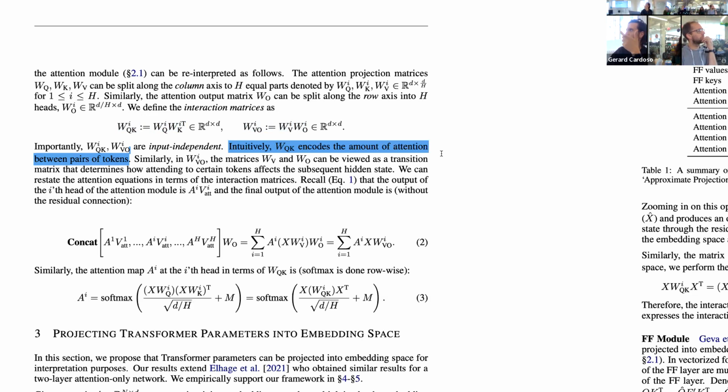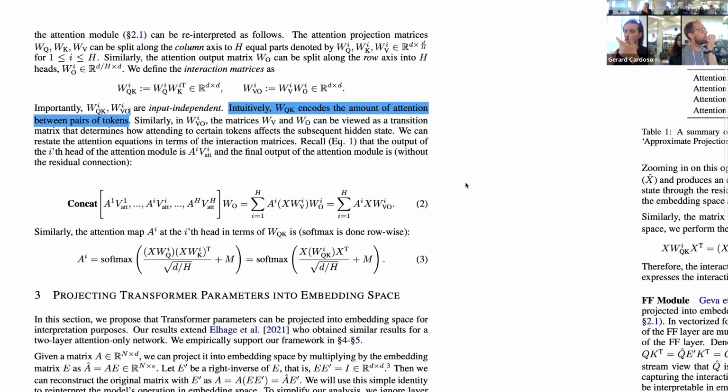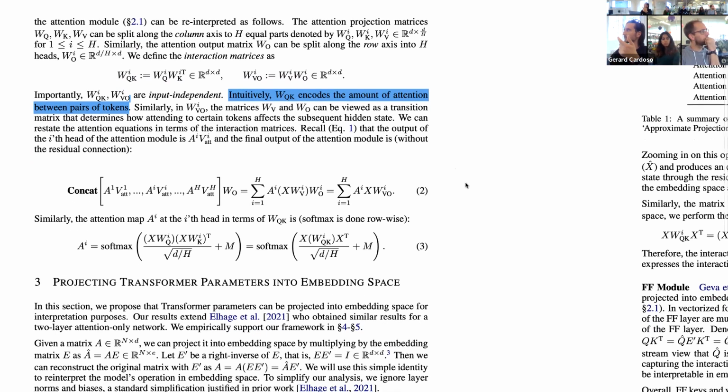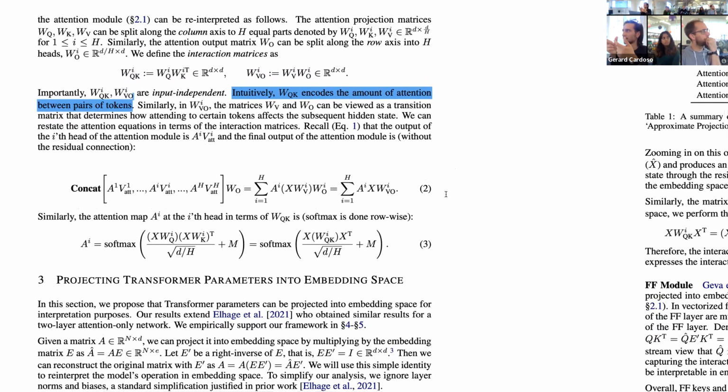What they say is that this encodes the amount of attention you apply between tokens. So you can look at everything in terms of interactions between tokens. This becomes quite useful because when you're projecting into the embedding space, rather than projecting to one vocabulary item, you're projecting the interaction between different vocabulary items, and you can see where it's most activated. There are some interesting interactions going on there.